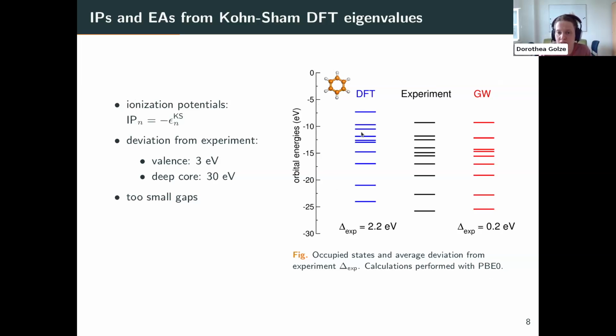You see that the difference on average for these first valence states is 2.2 eV. It's already quite high, it's usually around 2 to 3 eV. It gets larger in absolute values if you go to deeper states. For deep core states, it's around 30 eV for the second row elements. We get too small gaps, and already here an indication that with GW we get much closer to experiment.